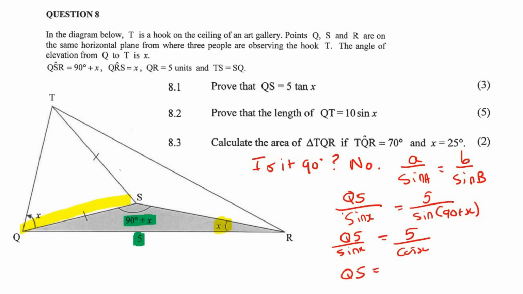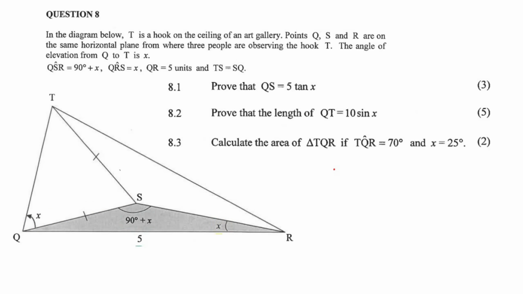So QS is now going to be 5 sin x over cos x. Then I know that sin over cos is tan, and so that's going to be 5 tan x, and that's exactly what they wanted us to do over there. Now, because we've calculated that, let's just write it down so we know that we actually have it, and then we also have this now as 5 tan x, okay, because they said that those two are the same.